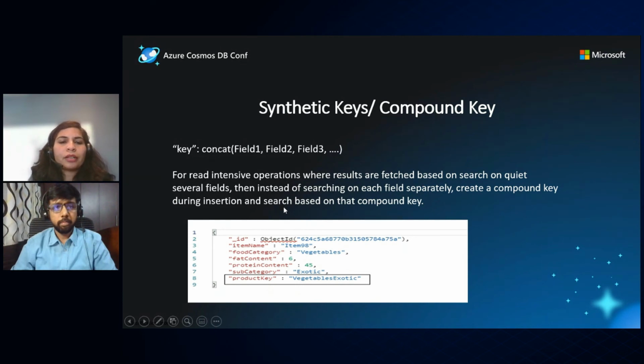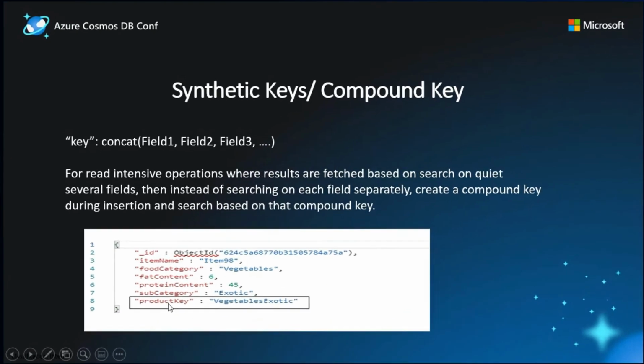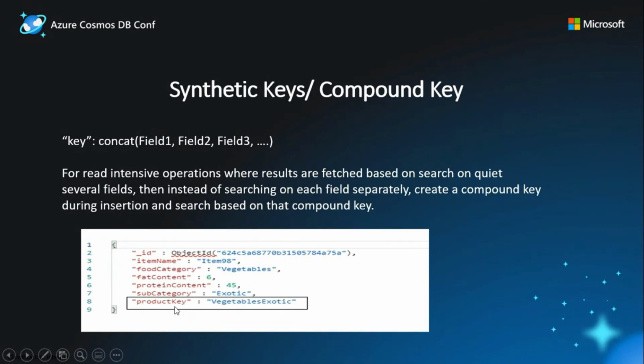For example, if your application has multiple fields in a where clause, like 8 to 10 fields, then instead of passing a where on each of the 8 fields, we can concatenate these fields and keep one value. For example, the product key in this image is the synthetic key, and it is a combination of food category and subcategory key.